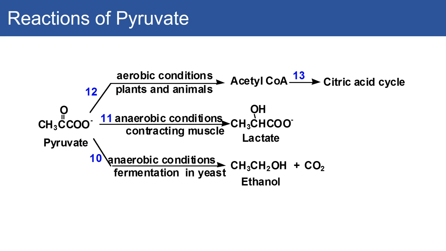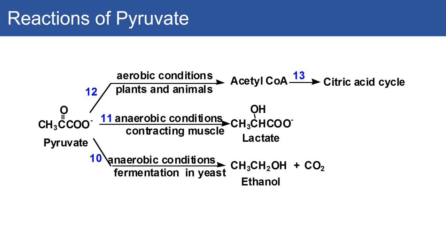Oh, sorry. We also have pyruvate that we need to talk about. Pyruvate is the end product of glycolysis, but it's also an important step in other energy generation. Obviously we could take this to acetyl-CoA and on to the citric acid cycle. That's great.